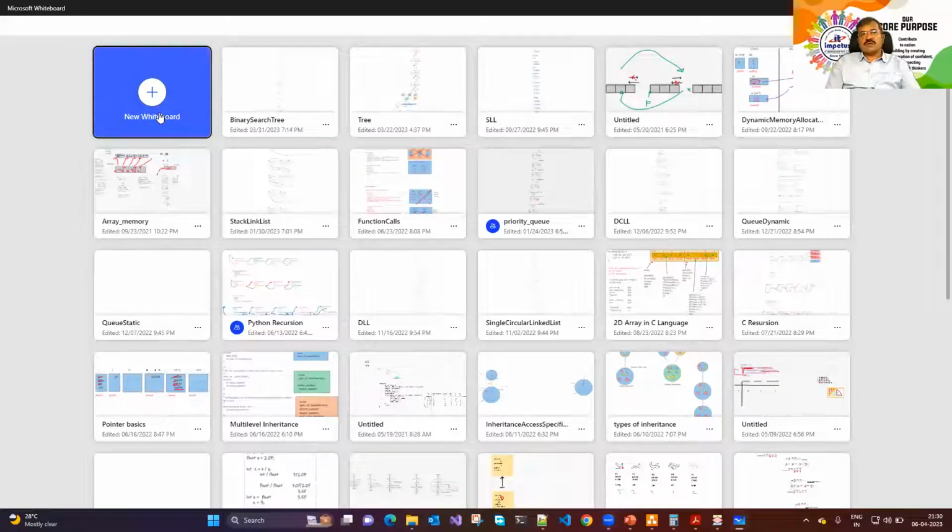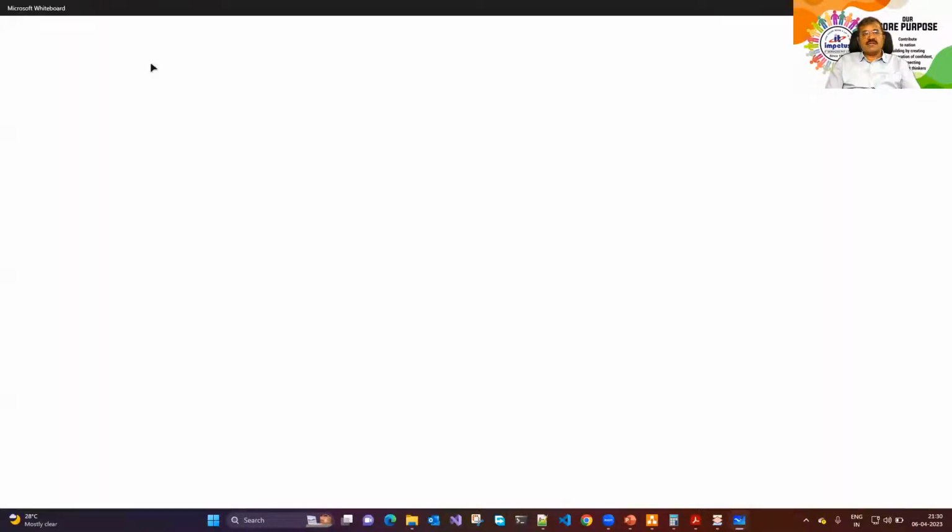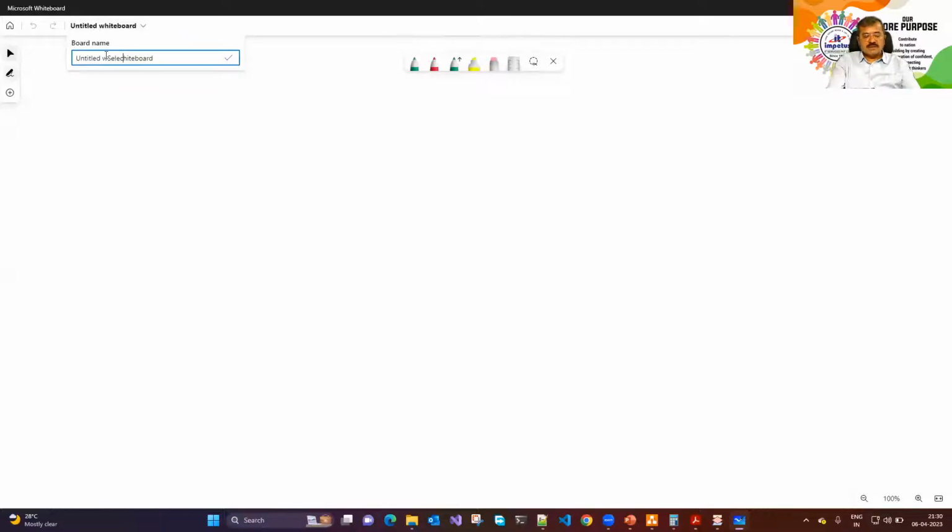But this time around I'm going to use one more tool over here. The one that I'm using is Microsoft Whiteboard. It's free, you can also use it. I'll call it selection construct pseudocodes, and I'll have multiple solutions on the same board.